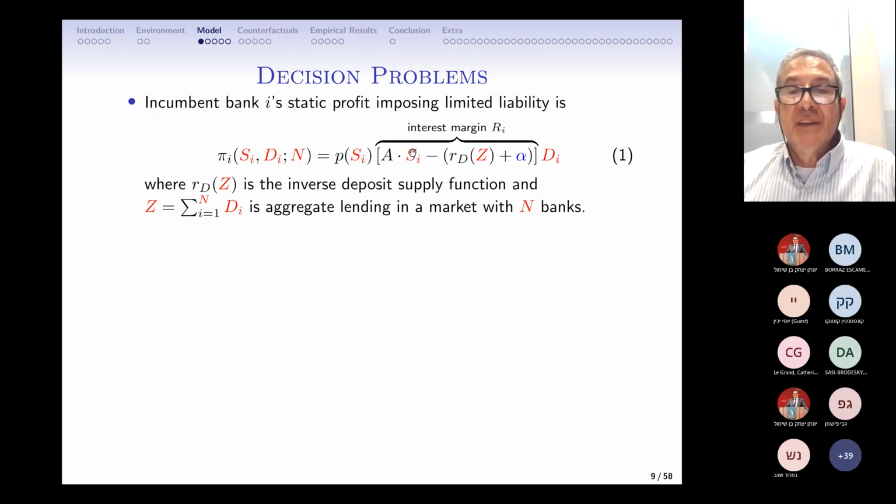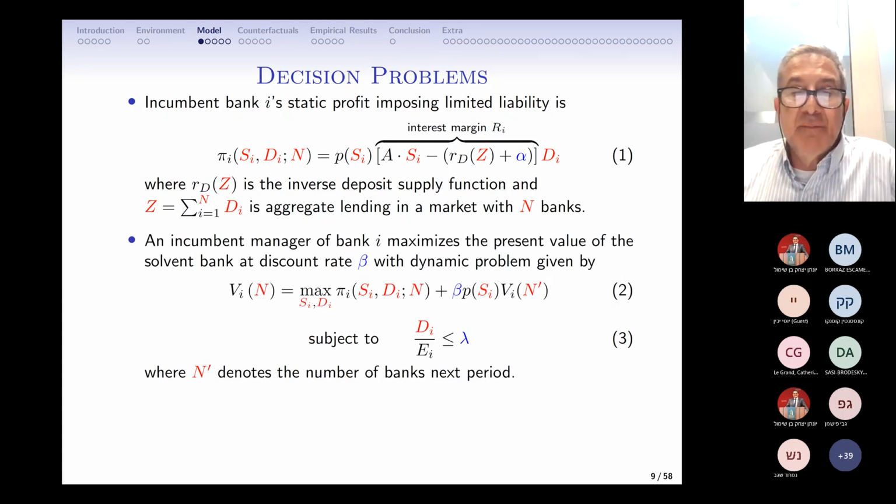So the return on the loan you can think of as being A times S, and the cost of getting the deposits to make that loan is RD plus any external financing costs, alpha. And with probability 1 minus P, the project doesn't pay off, and that's why that's gone from here. So the static profit is just the expected interest margin that the bank will have.